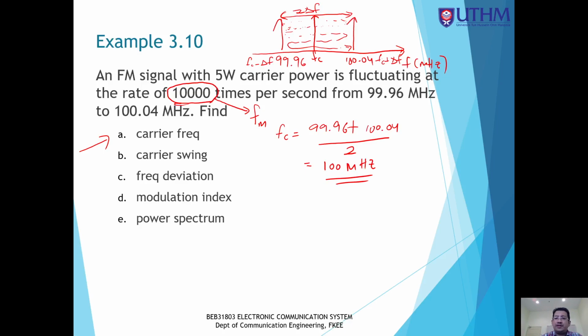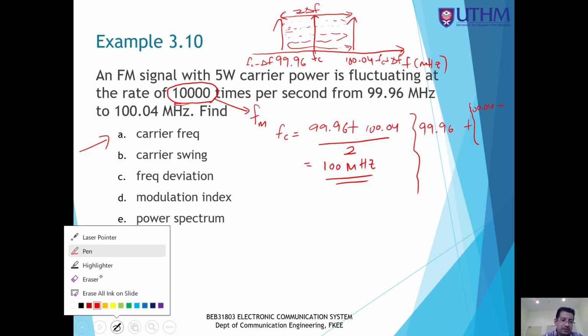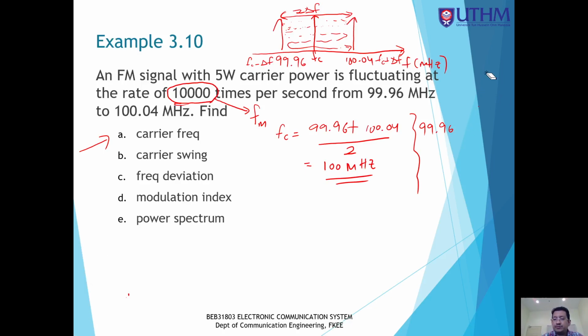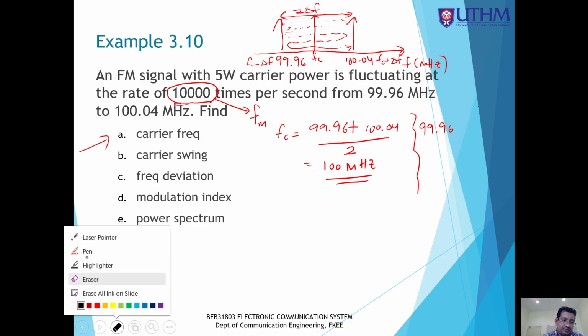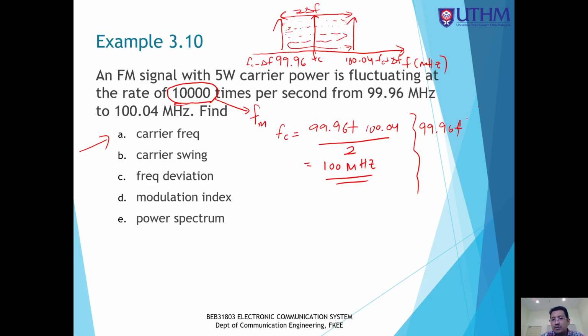Or you can also do it like this. 99.96 megahertz plus the half of 100.04 minus 99.96, divided by 2.